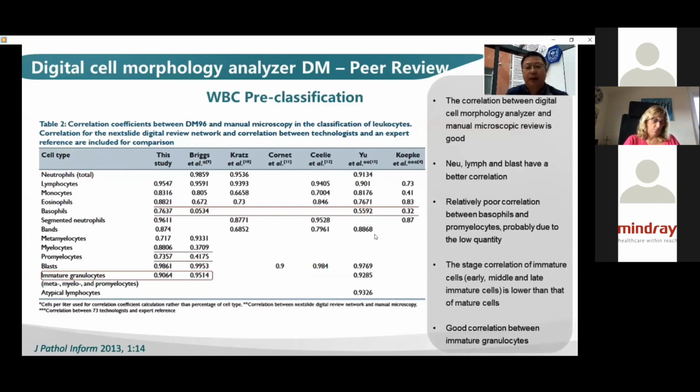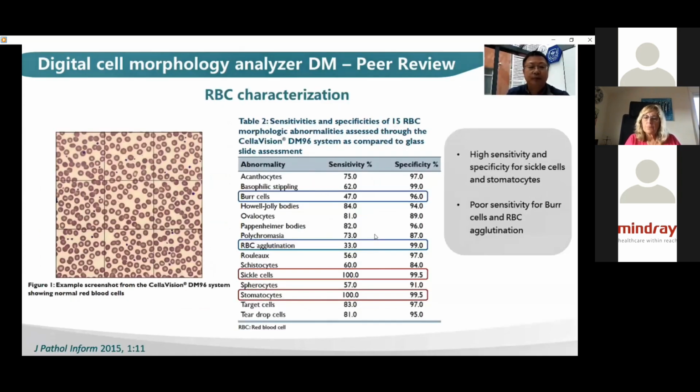But we also clearly notice the correlation of the immature cells, I mean the early, mid, and late immature cells, is lower than that of mature cells. So generally speaking, we see a good correlation for the immature granulocytes.